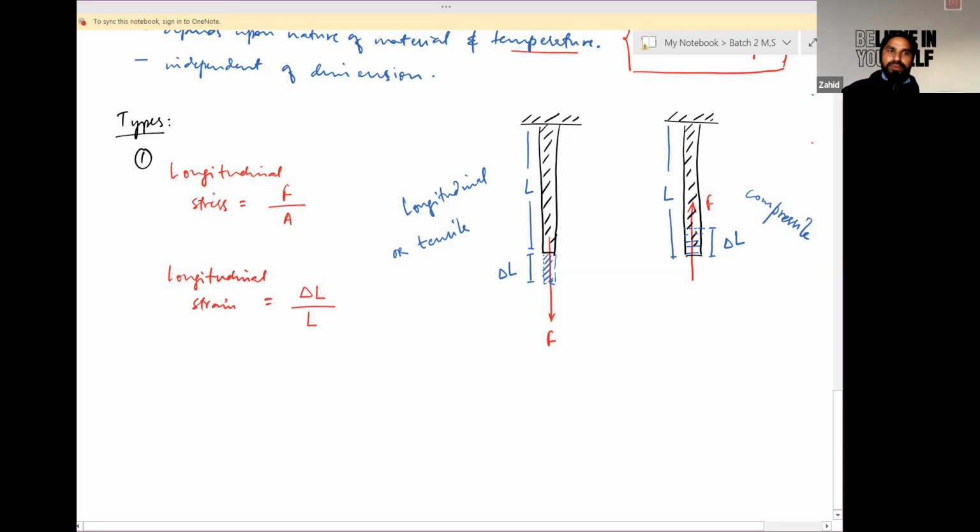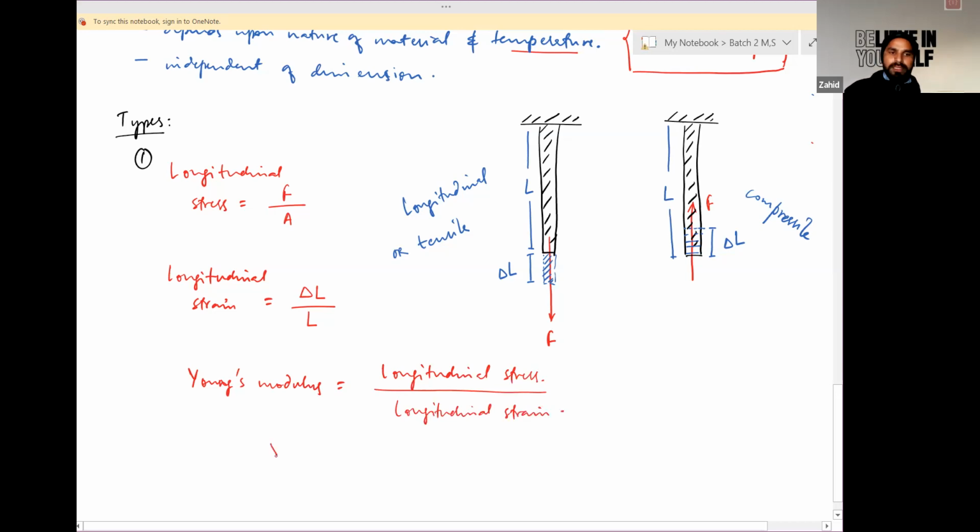And the ratio of these two terms, by Hooke's law, is called modulus of elasticity. For this longitudinal case, it is called Young's modulus. So Young's modulus equals longitudinal stress divided by longitudinal strain.